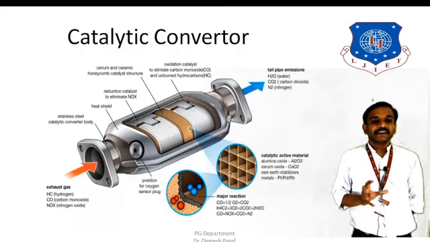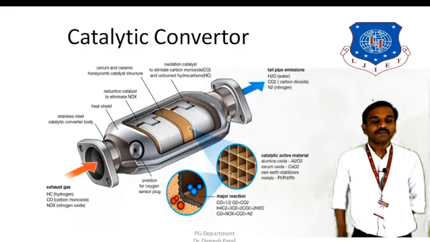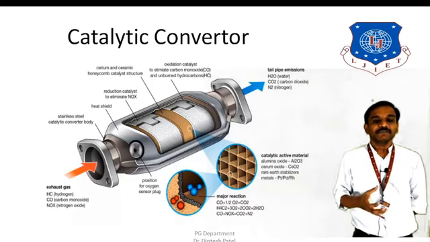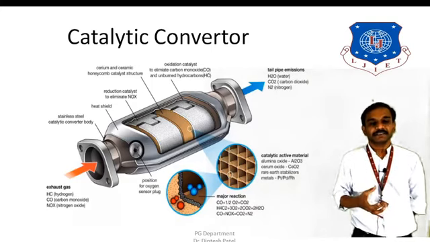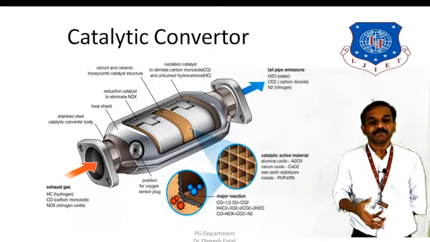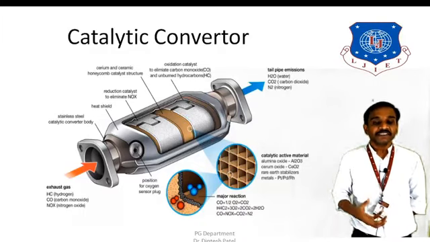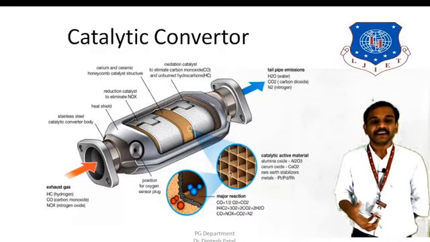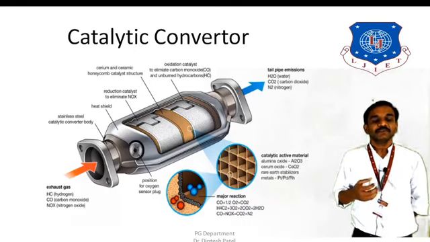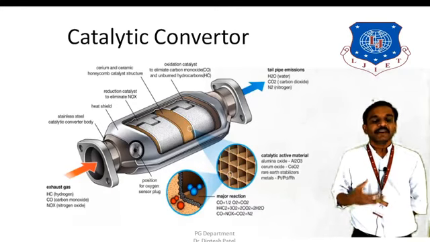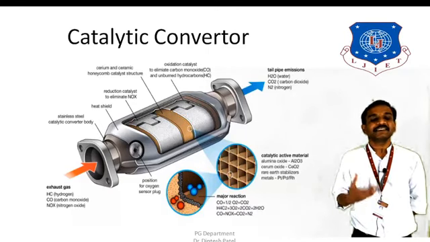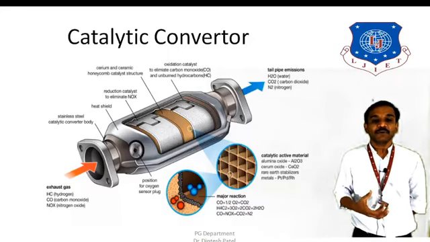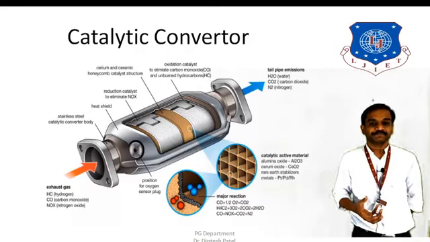So a catalytic converter basically consists of a steel body which has some catalytic materials such as rhodium, palladium, platinum, and these materials do the oxidation inside the catalytic converter and reduce these emissions. Palladium and platinum are used to reduce the HC and CO emission, while rhodium is used to convert the NOx emission into nitrogen.